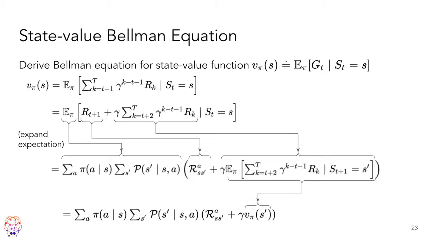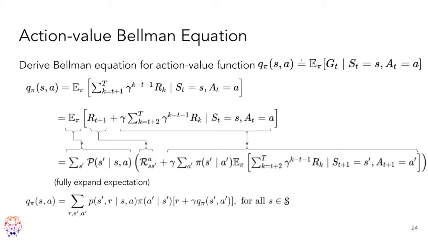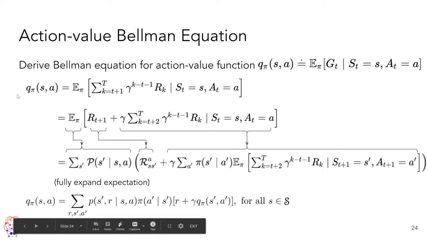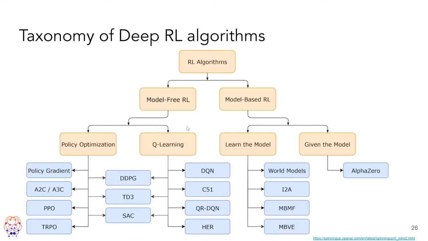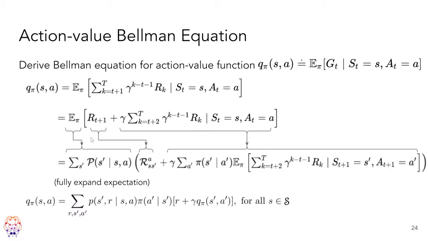We can do something similar for the action value function, where we start with the action value function given S and A, which is the expectation. Remember, this term is the return given S and A. Now we expand that into the immediate next reward and discounted future rewards. Then we expand the expectation. This is the expected reward. We expand this into the discounted sum of expected future returns.